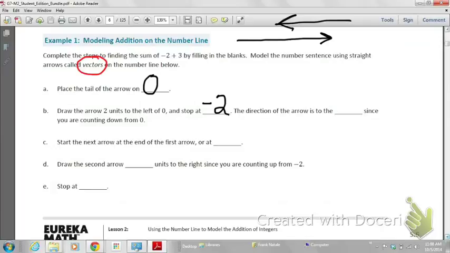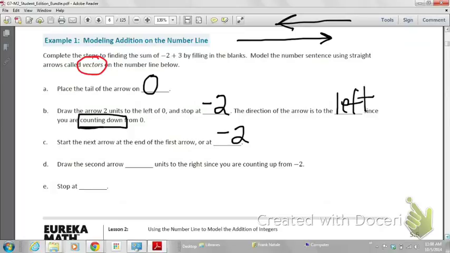The direction of the arrow is to the left, since you are counting down from 0. Of course, we're going to go to the left. Start the next arrow at the end of the first arrow, at -2, because that's where we are.